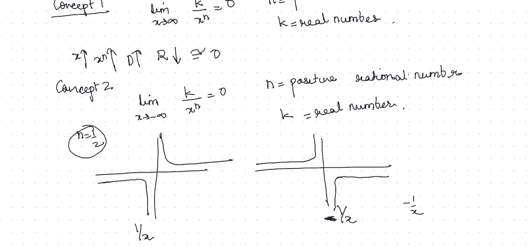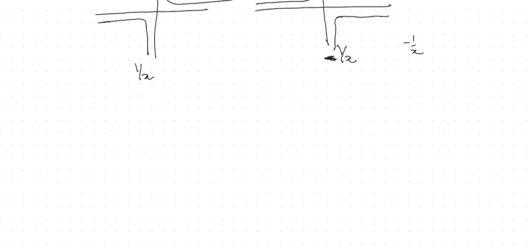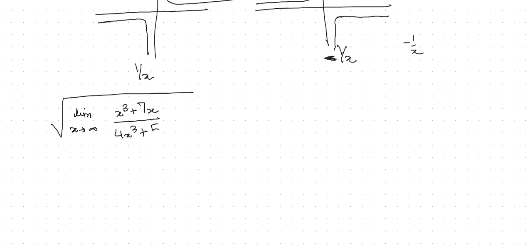So now going back to our problem, we were doing the limit as x tends to infinity of the square root of x cubed plus 7x over 4x cubed plus 5. How will we solve it?